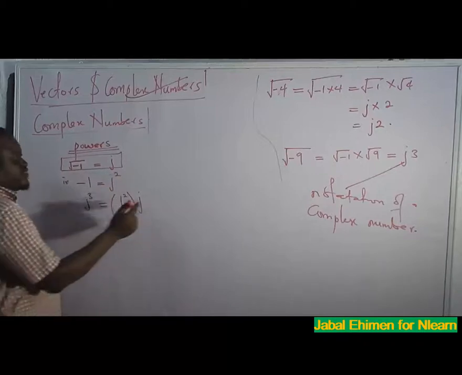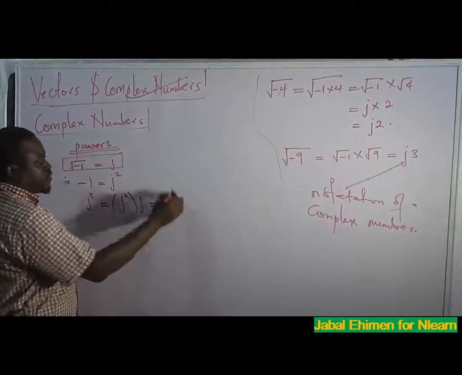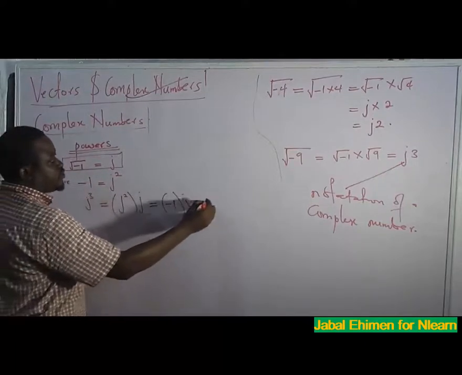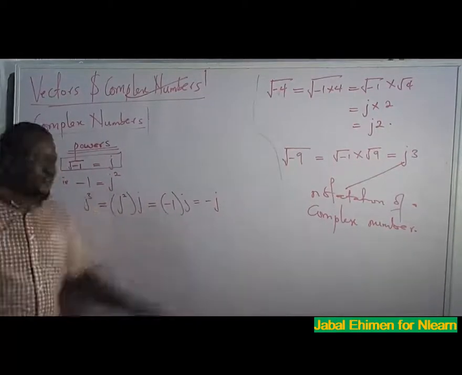But the j squared itself is minus 1. So it becomes minus 1 times j, which equals minus j. So anywhere you see j cube, it can be represented by minus j. Let's try j to the power 4.